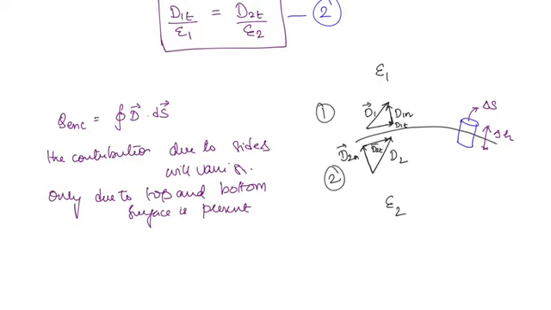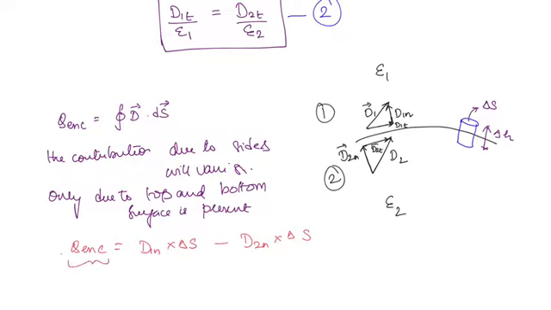So you can write here Q enclosed is equal to D1n into delta S. Integral dS is nothing but the total surface area. We have taken a positive sign because D1n is coming out of the surface. In contrast, if you take the bottom surface, D2n is entering into the surface, so it should have a negative value. So minus D2n into delta S.